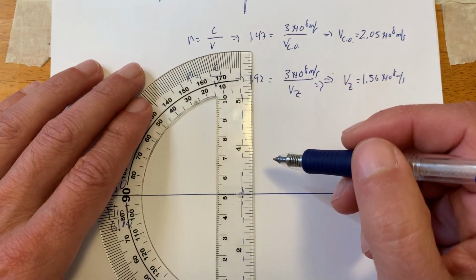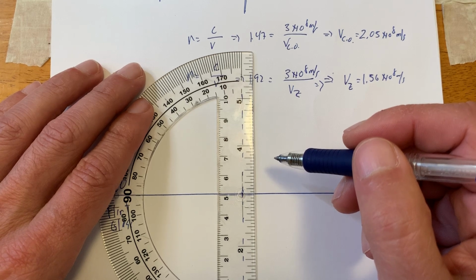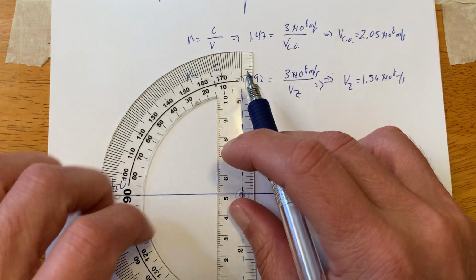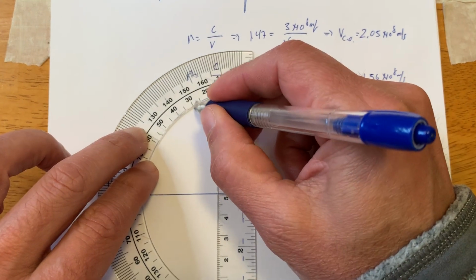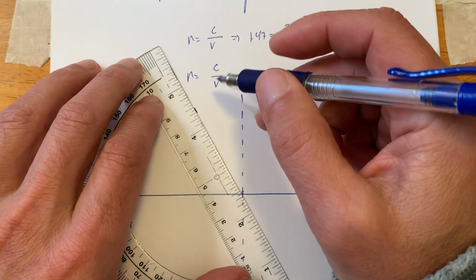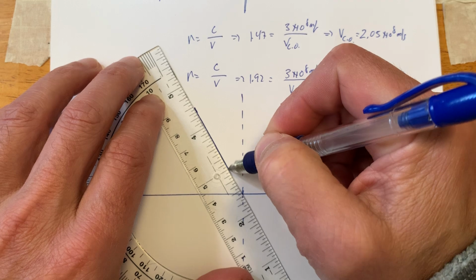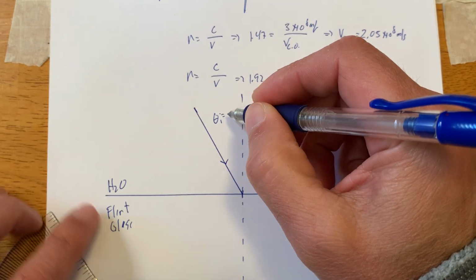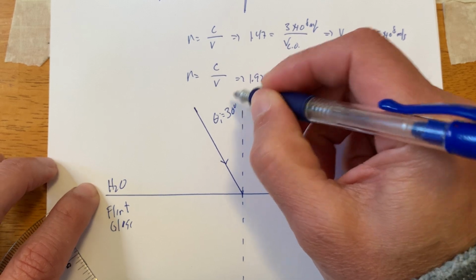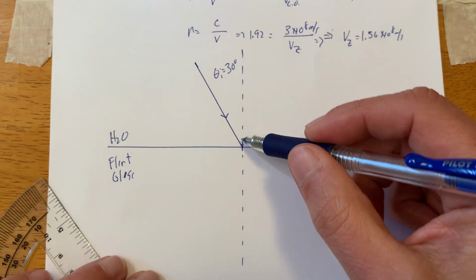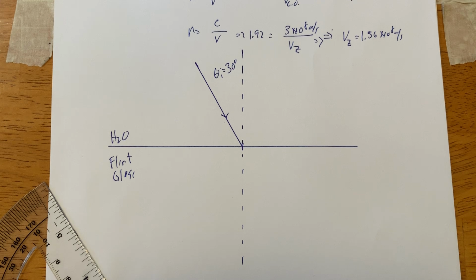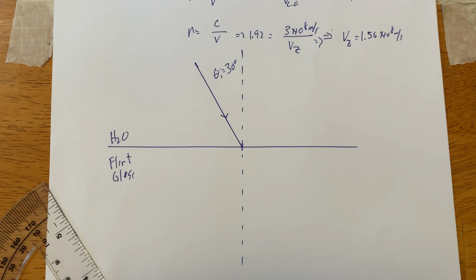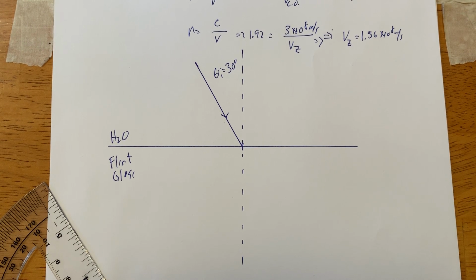So let's draw an incident ray coming in, starting in water, coming into flint glass, and I'm going to say 30 degrees. So here is my ray of light, starting in water at 30 degrees. What's going to happen to it when it goes into the flint glass? Well, there's going to be a couple of things that are going to happen now. First of all, you should say, well, it's going to change speed. The answer is yes.